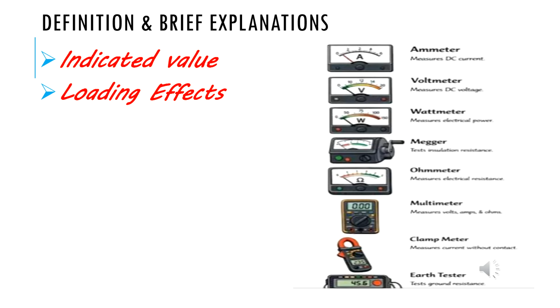When it is connected across the circuit, it draws a small amount of current and may slightly change the circuit conditions. This change caused by the measuring instrument is known as the loading effect. Therefore, a good measuring instrument should have a minimum loading effect so that the measurement represents the actual condition of the circuit as closely as possible.